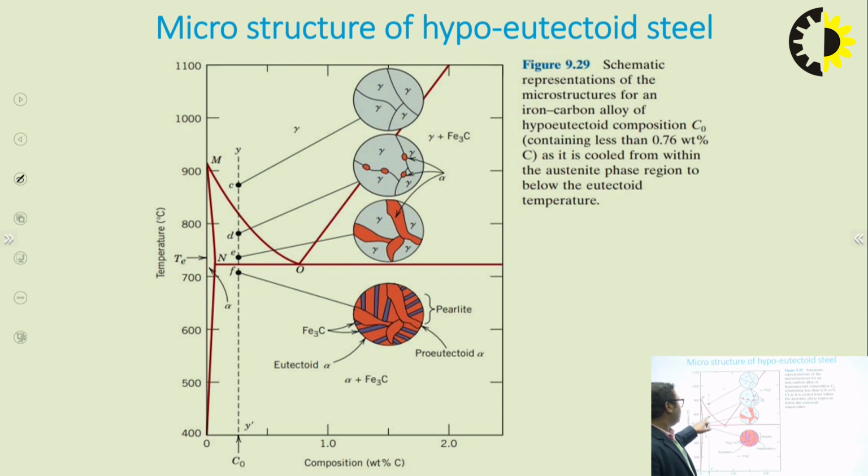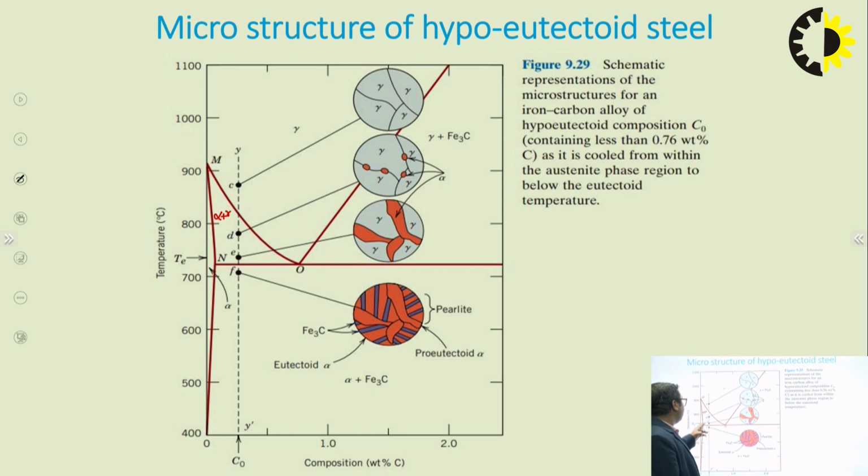Coming to D, this region corresponds to alpha plus gamma, because here is alpha, here is gamma, so here it will be alpha plus gamma. Some alpha particles will nucleate at the grain boundaries, which is shown by these red dots.